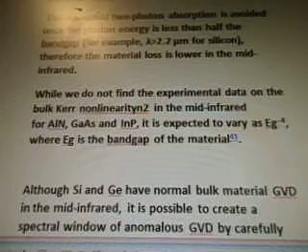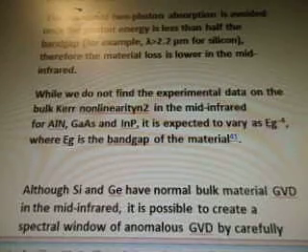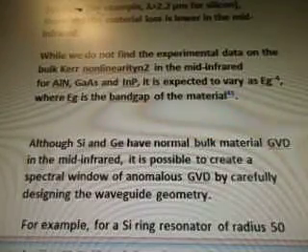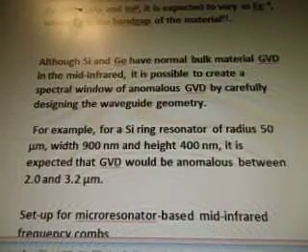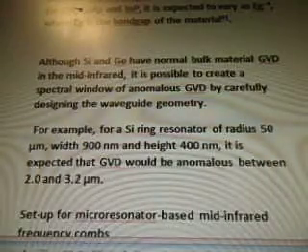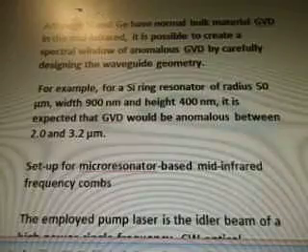While we do not find the experimental data on the bulk Kerr nonlinearity n2 in the mid-infrared for AlN, GaAs, and InP, it is expected to vary as Eg to the power of -4, where Eg is the band gap of the material. Although Si and Ge have normal bulk material GVD in the mid-infrared, it is possible to create a spectral window of anomalous GVD by carefully designing the waveguide geometry.